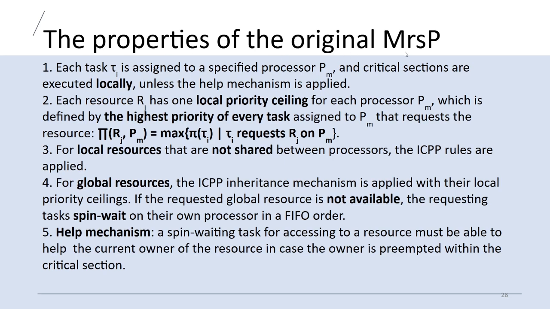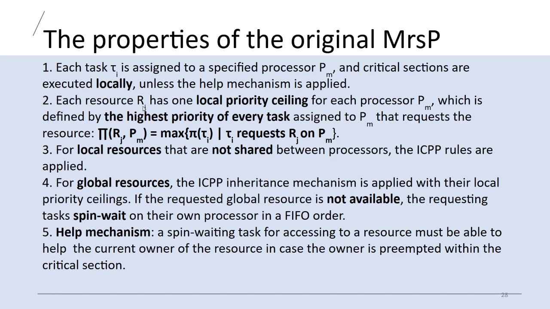The rules of the original MRSP: first, each task tau i is assigned to a specified processor PM, and critical sections are executed locally, unless a help mechanism is applied.